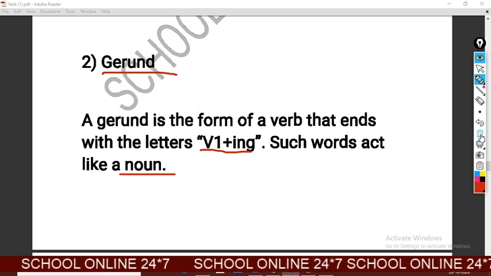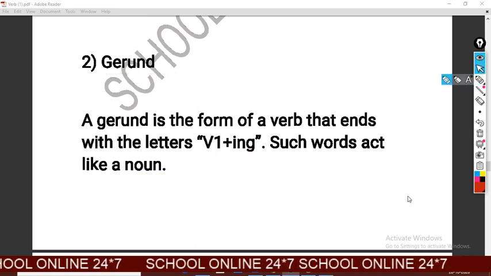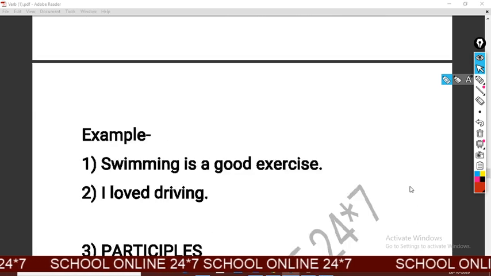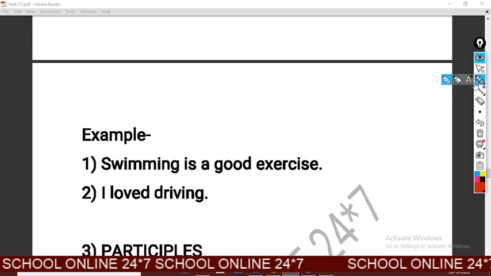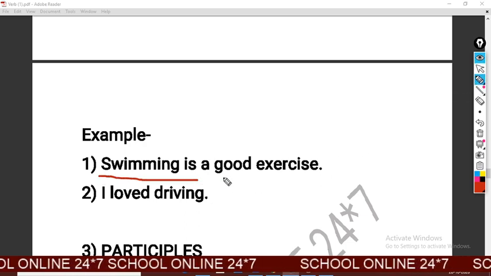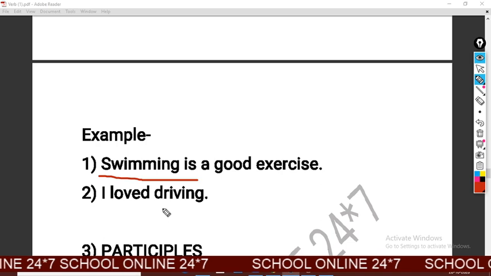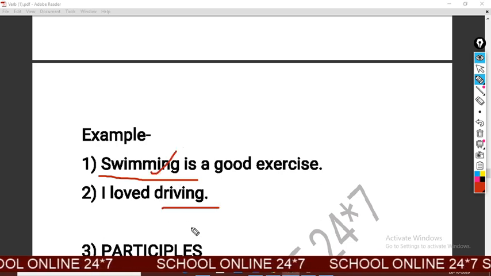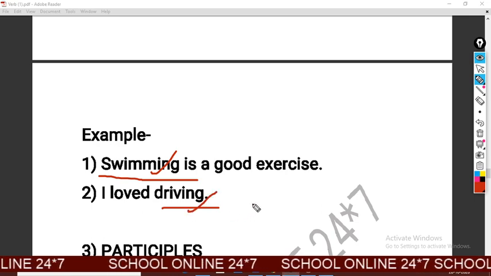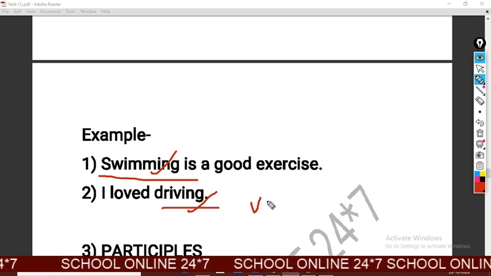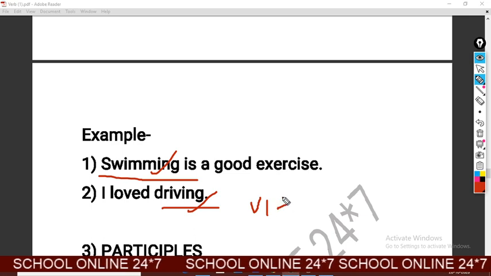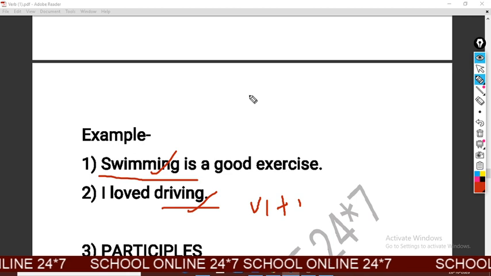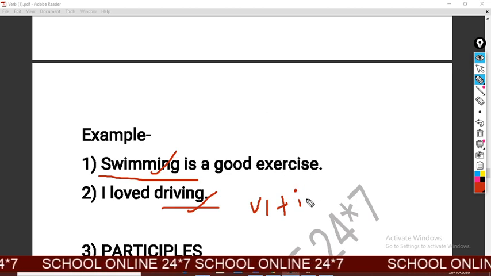Look at the examples. Swimming is a good exercise. I love driving. In these sentences, swimming is your gerund and driving is your gerund also. And these words followed this formation: first form of the verb plus ing.